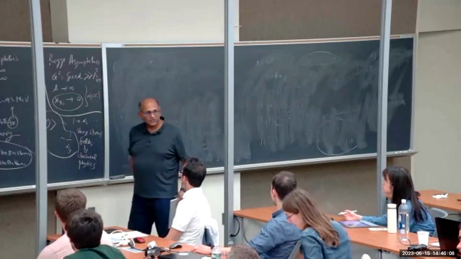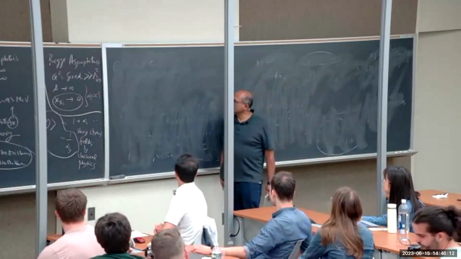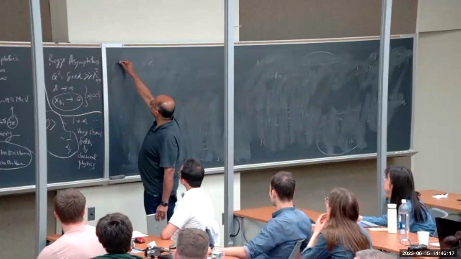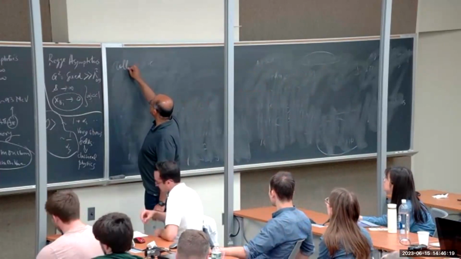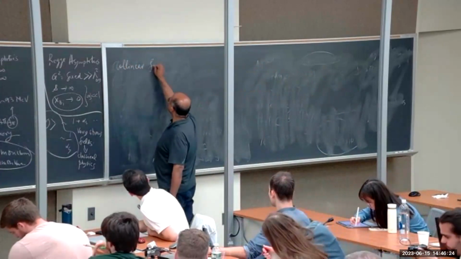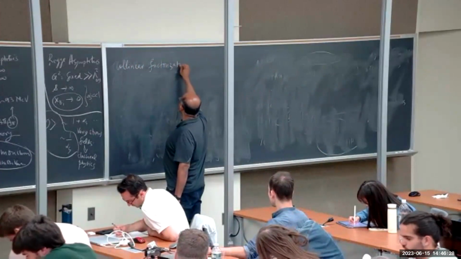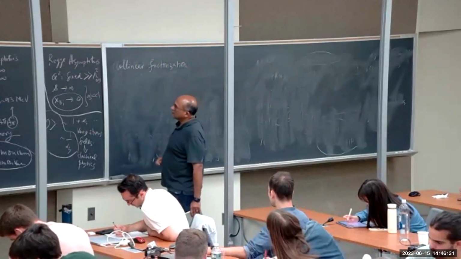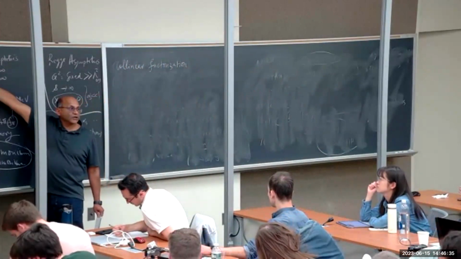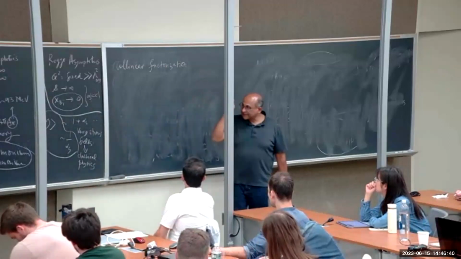I guess in George Sterman's talk and in other talks, maybe in Ian's talk, you heard about collinear factorization, ideas of collinear factorization. Those ideas are really very apropos for the asymptotics that most of their lectures focused on.